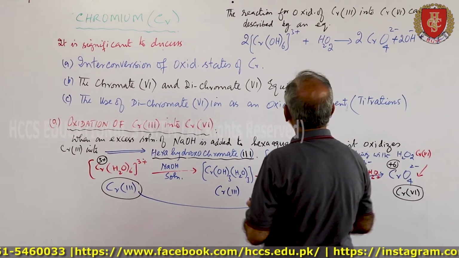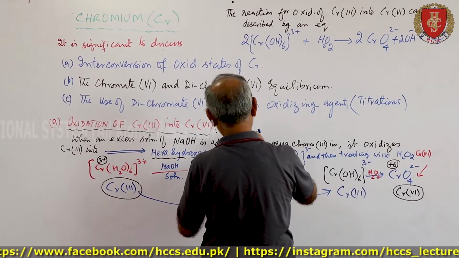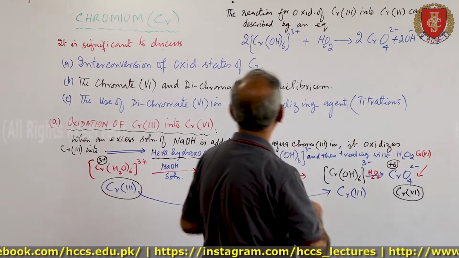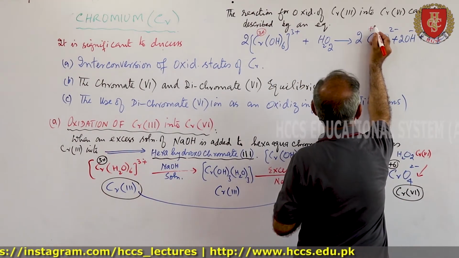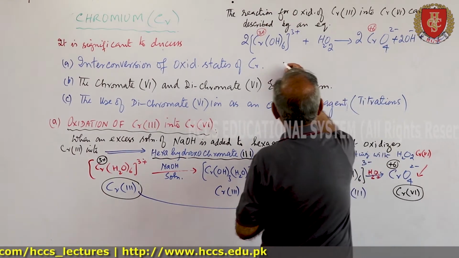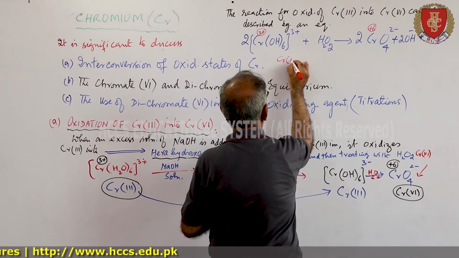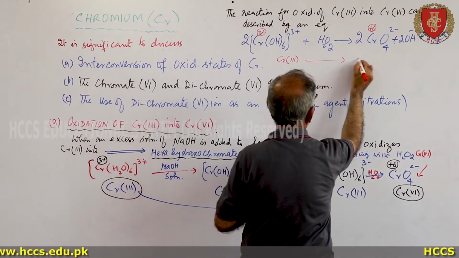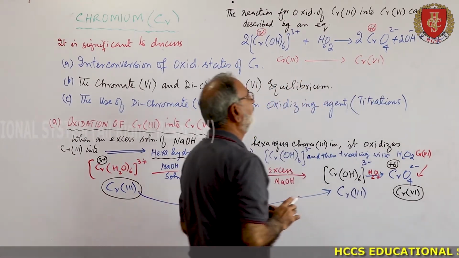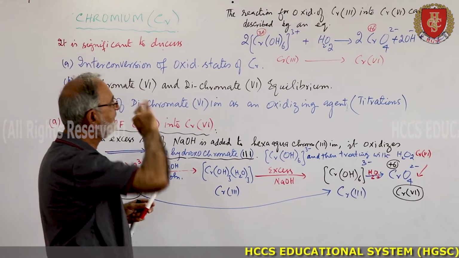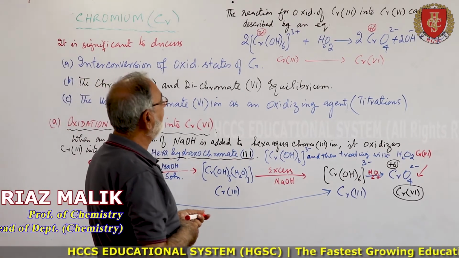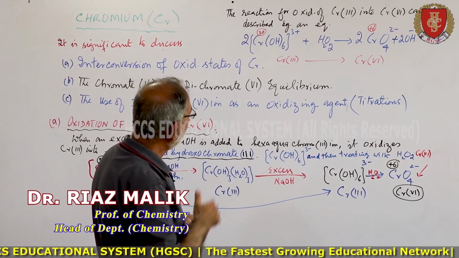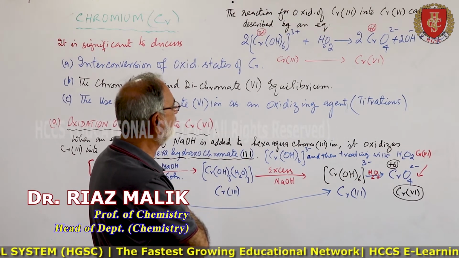Now here the oxidation state is plus 3 and here it is plus 6. So we have converted or oxidized the chromium into the 6 oxidation state. This is the overall reaction which can be represented for the oxidation of chromium 3 into chromium 6.